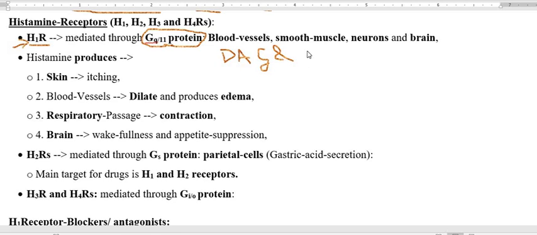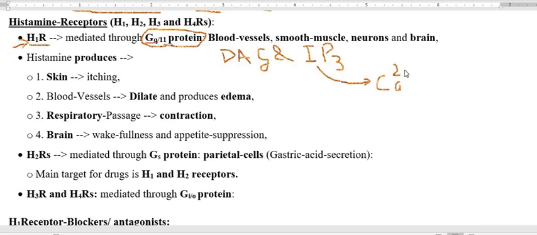And this inositol triphosphate is going to raise the intracellular calcium level. So finally, through the IP3 pathway, by activation of the H1 receptor through histamine, activation of Gq, they are going to give rise to DAG and IP3, and IP3 is going to produce calcium, and this calcium is raised intracellularly.